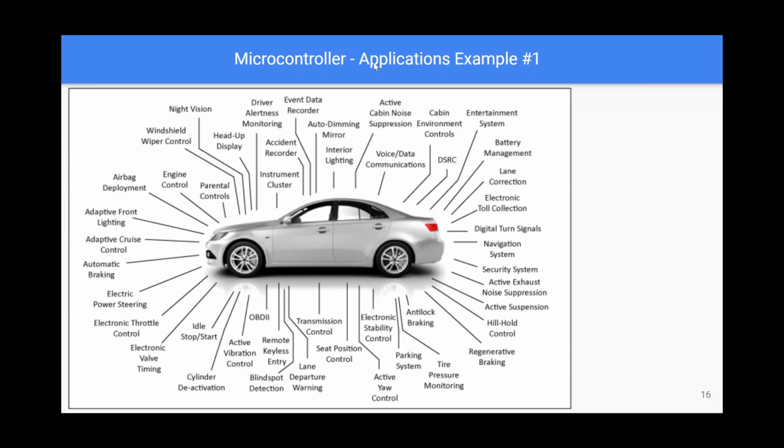So I'm not showing you one application example, I'm showing you many application examples of a microcontroller where you can use it. So it's very powerful using microcontrollers, again because it's small, easy to use, easy to program. These are some of the core reasons for using microcontrollers.